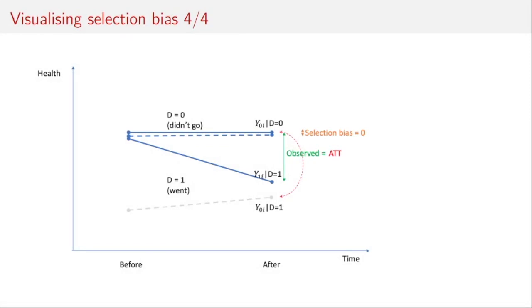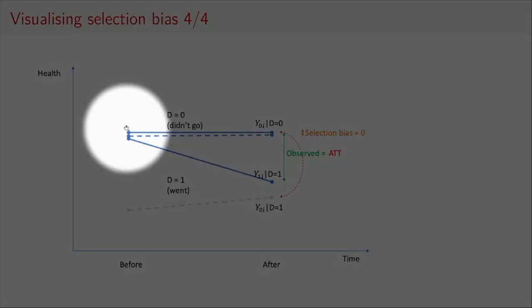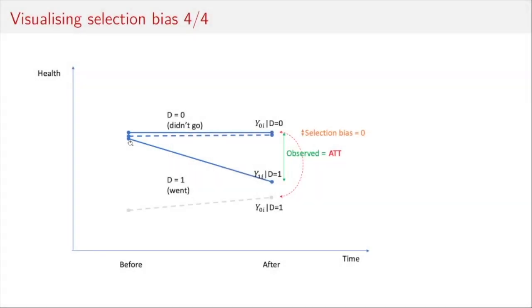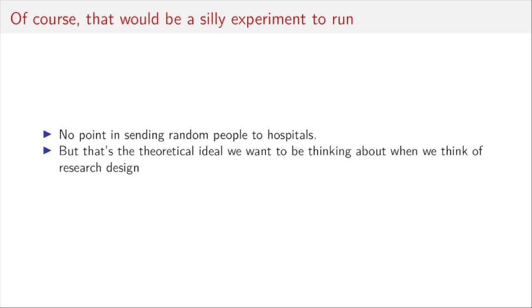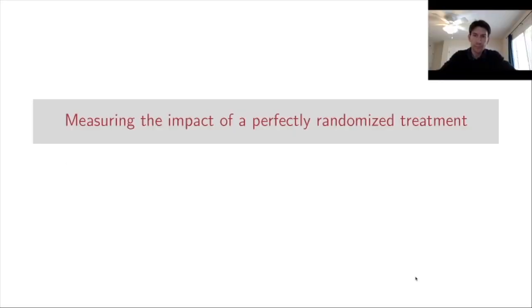Naturally, this also means that we would have drawn our sample at random from a population with indistinguishable health status. Now, of course, this experiment of randomly sending people to the hospital would be costly and silly. However, it is a useful thought experiment that can help us think about how we should really go about figuring out the causal impact of something.